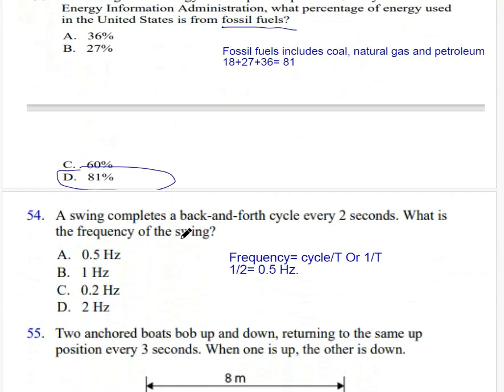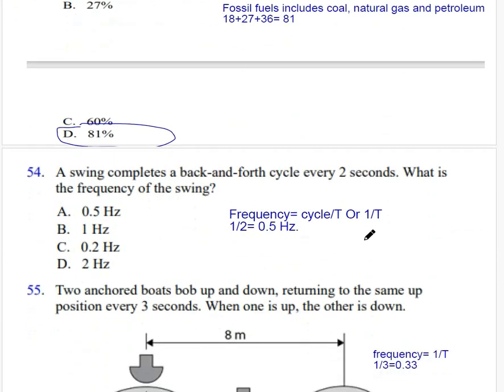Let's have here. So it's now physics. A swing completes a back and forth cycle every 2 seconds. What is the frequency of the swing? Frequency refers to the number of occurrences of a periodic event over time and is measured in cycles per second. So in computing the frequency, it's simply the cycle over time.